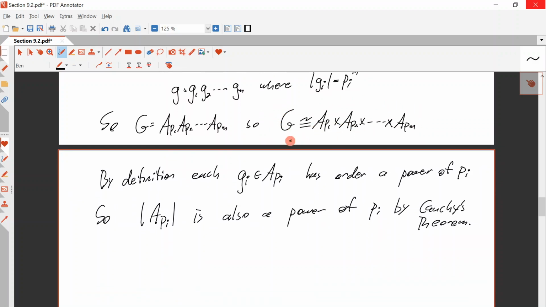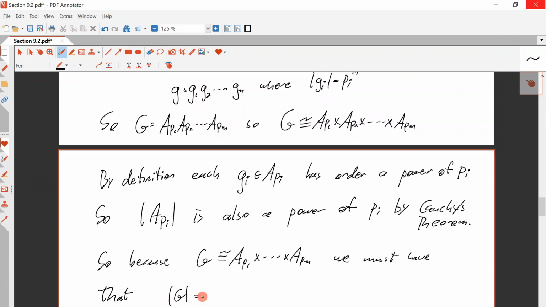And now because G is isomorphic to A_P1 cross ... A_PM, we must have that the order of G is equal to P1 to the E1 through PM to the EM, which is equal to the order of A_P1 times the order of A_P2 times ... A_PM.